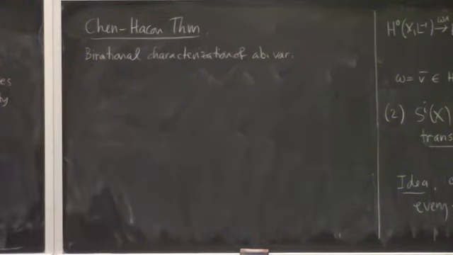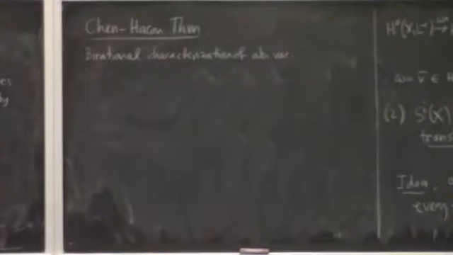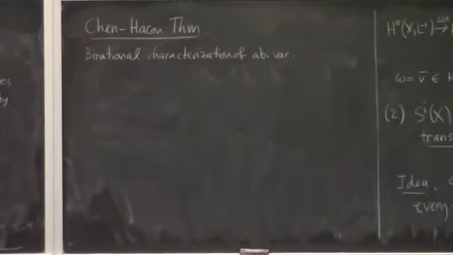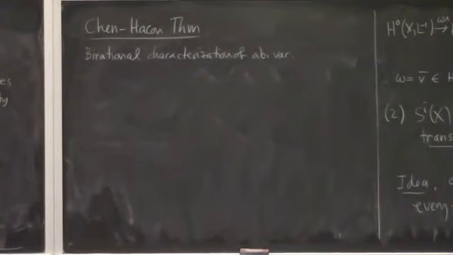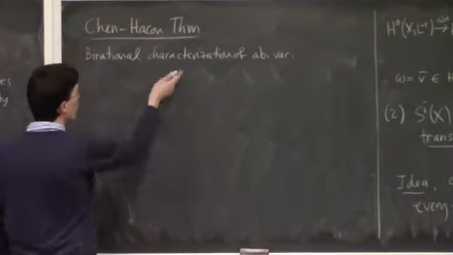This is something very popular in algebraic geometry because, for example, there are many classical results about surfaces: you can detect whether a surface is birational to an abelian surface or not by just looking at certain numerical invariants. And this Chen-Hacon theorem says that the same can be done for abelian varieties in general.